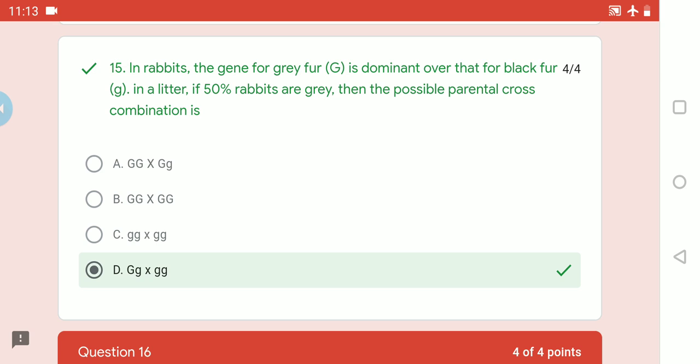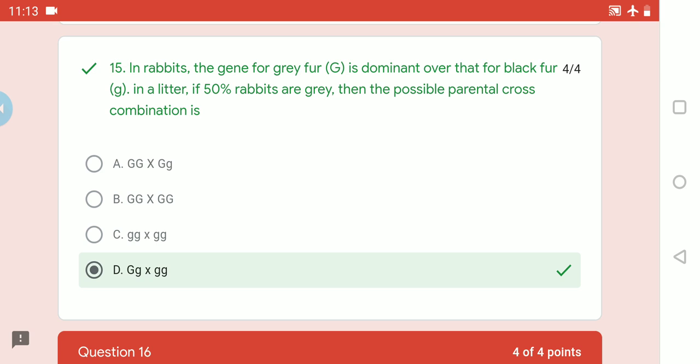Consider, as I said, capital G small g as the heterozygous parent crossing with small g small g, the homozygous recessive black fur. It is capital G small g crossed with the recessive parent, small g small g. So this is what we call a test cross.